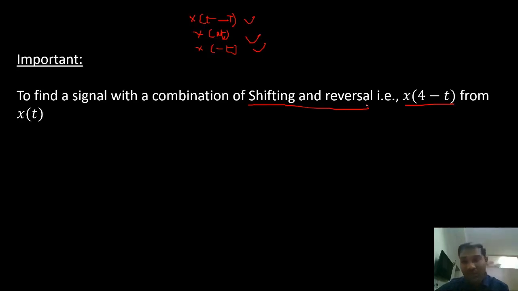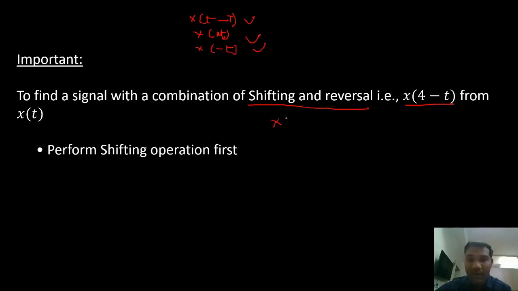When there is a combination of shifting as well as reversal, how do we find it? First, we need to perform the shifting operation. We have x of t, the original signal. So first we will find x of t, how much it is shifted, plus 4, right? 4 has plus sign, so we will find x of t plus 4.